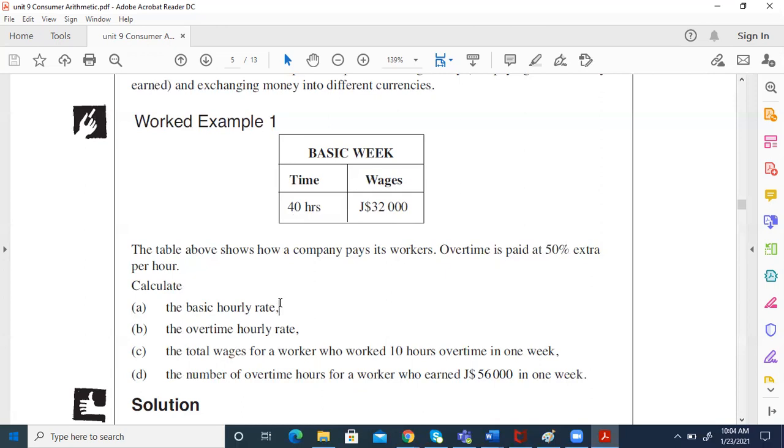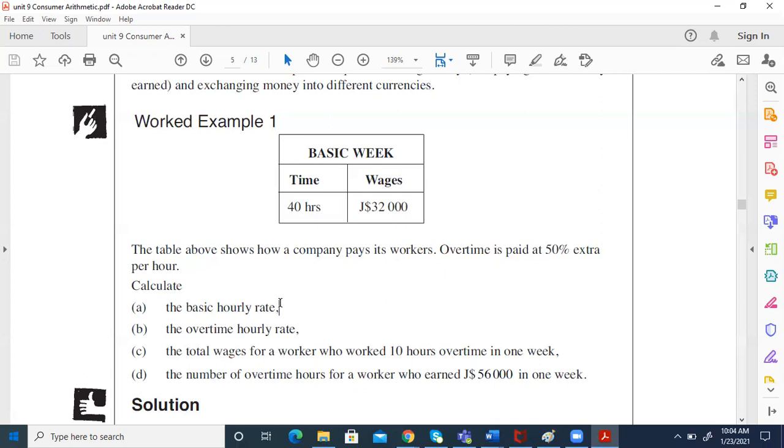What would you get for that? Say for instance a worker works 5 hours over for the week.